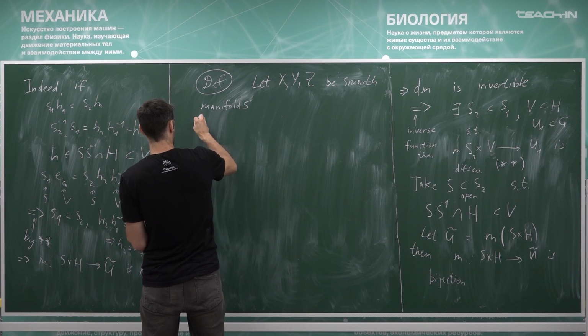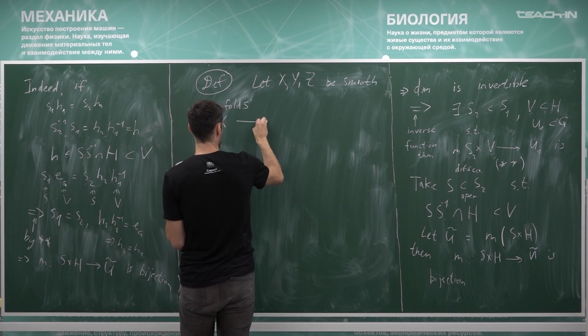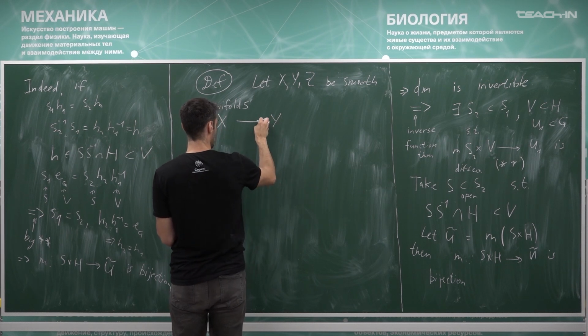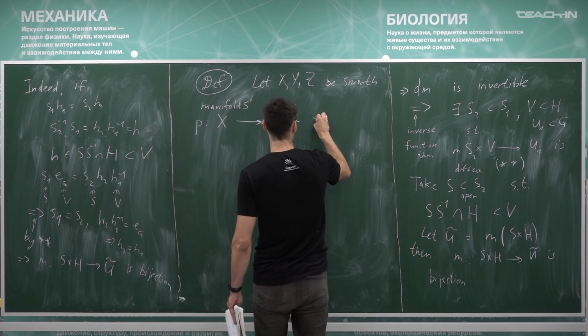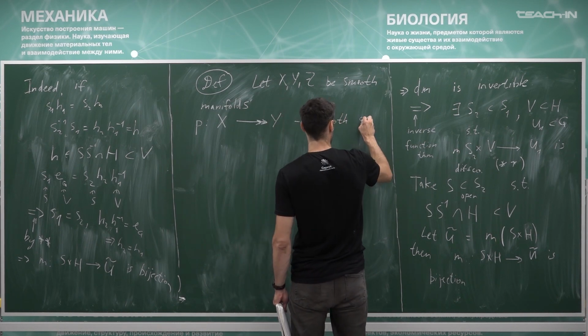We have a map P from X to Y, and it is a smooth surjective map.